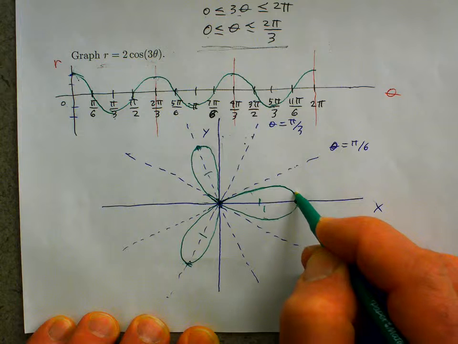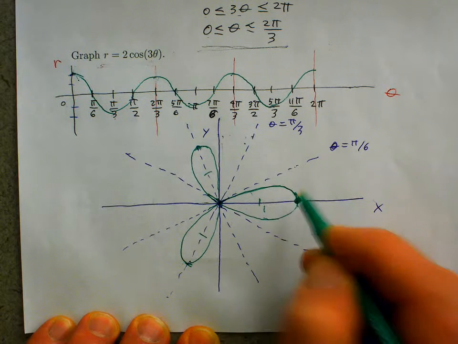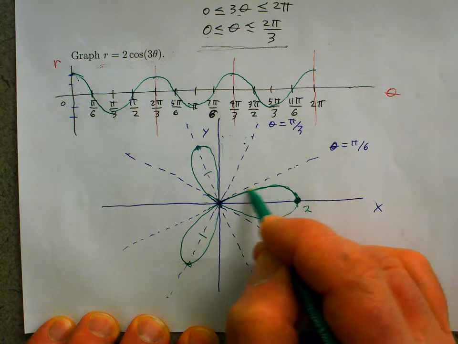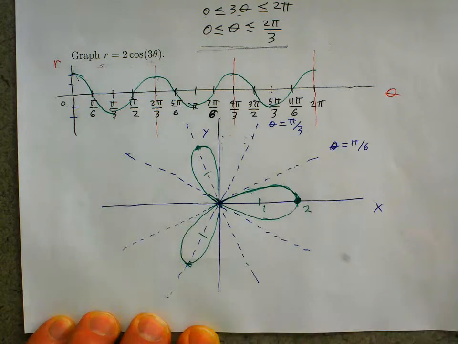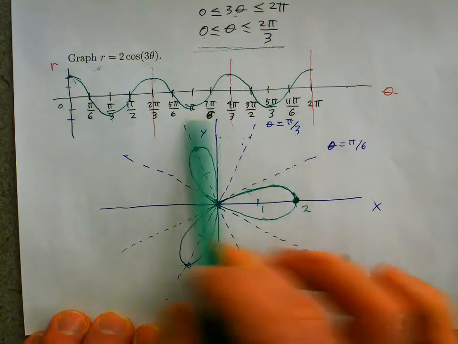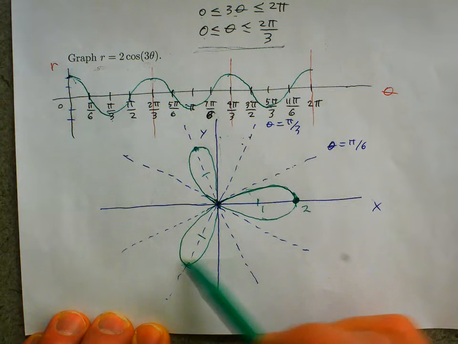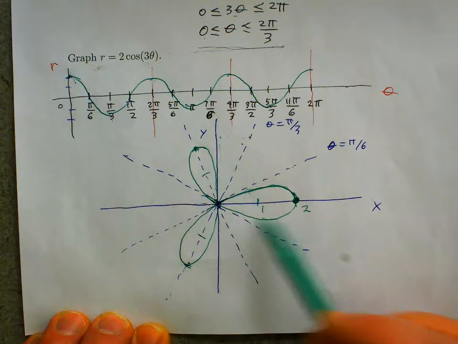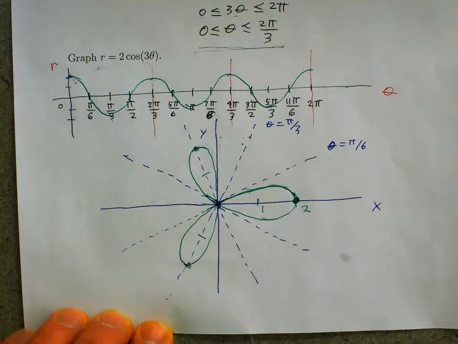So what we're going to get is just a retrace of what we've already graphed. So if we went all the way to 2 pi, we would just find that we would retrace this graph.